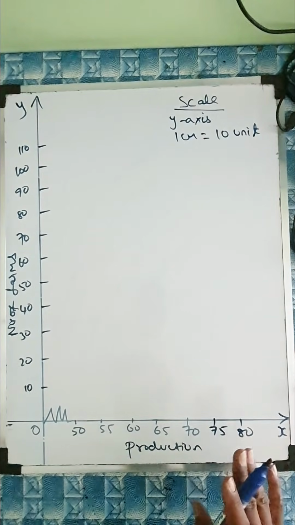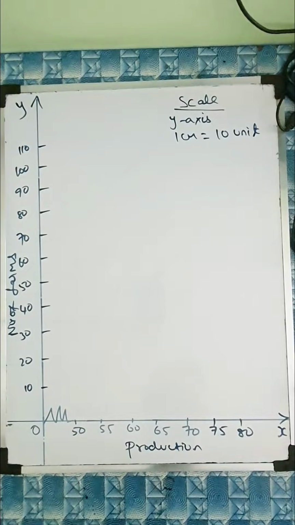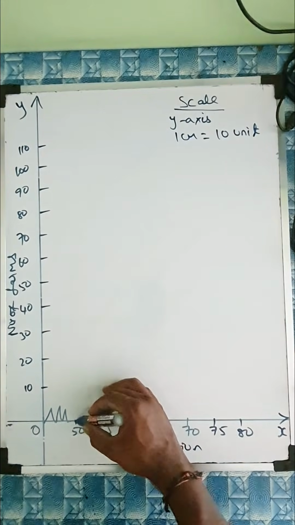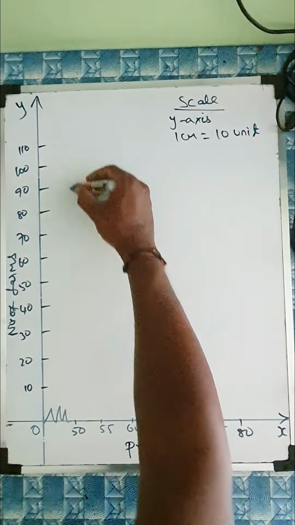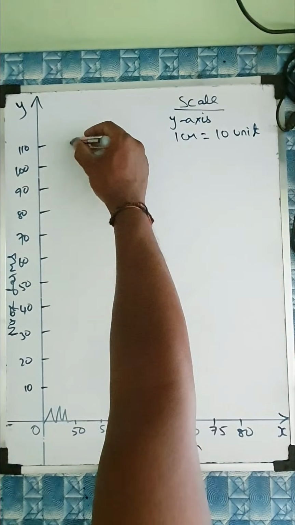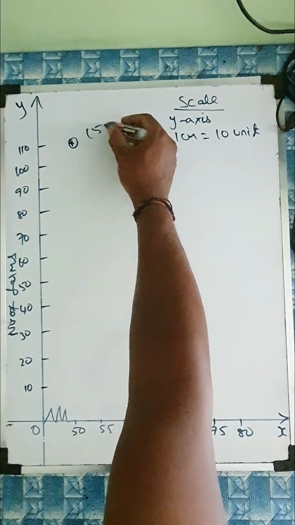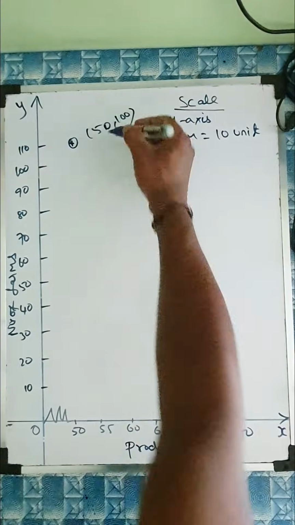Now the first one, we took 50, plotting the points. 50 is how much? 50 is 100. So for 50 take 100 and mark it: 50, 100.